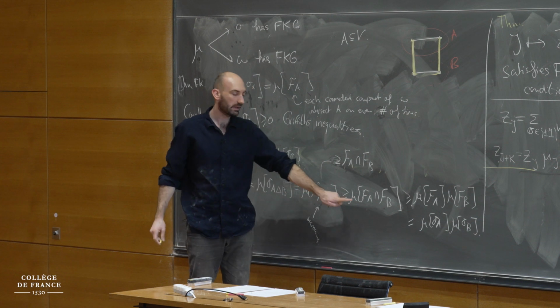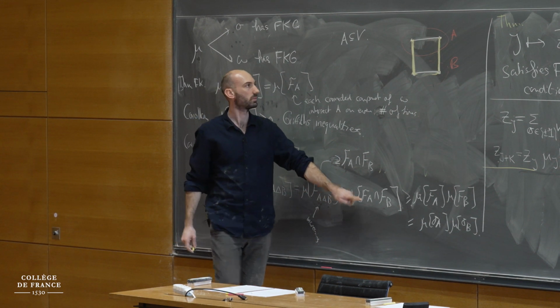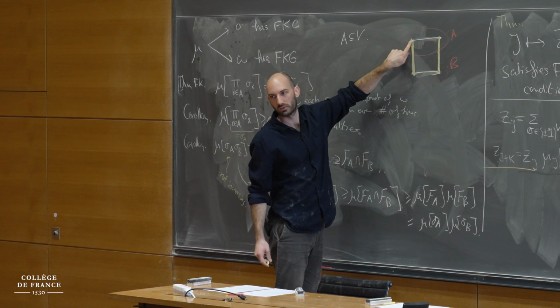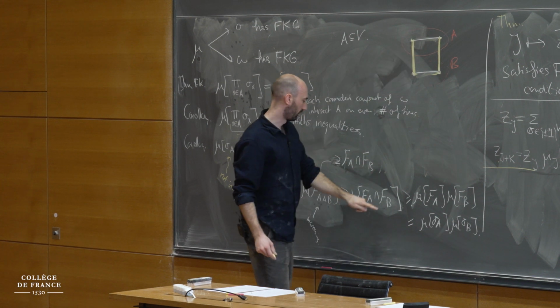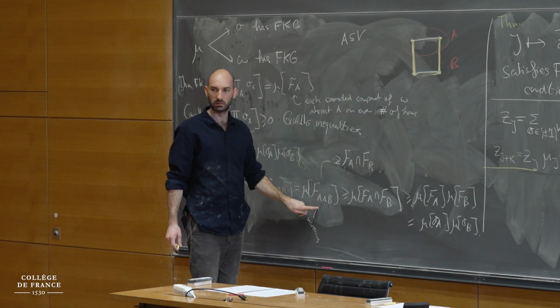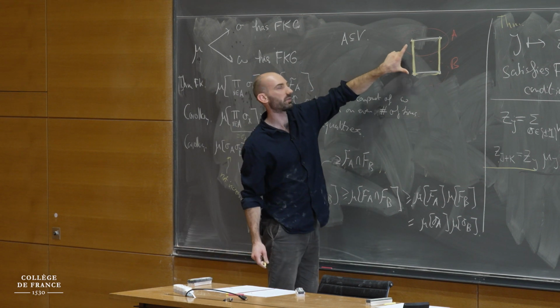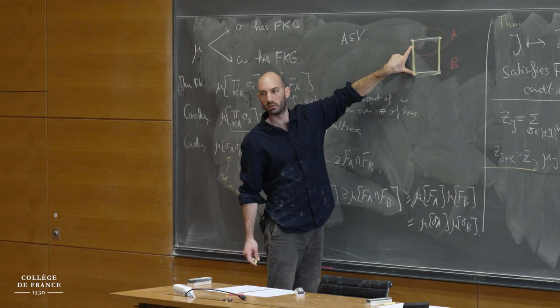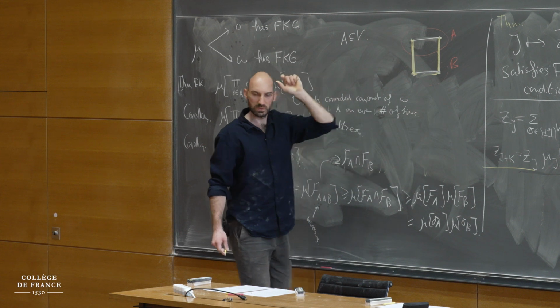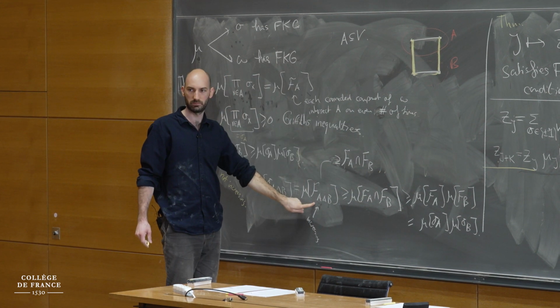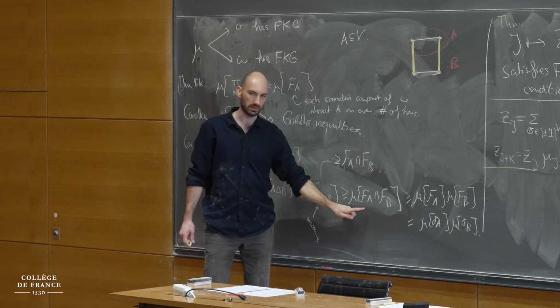So in this case, FA is not realized, because this connected component only contains one vertex in A. But for the union of A and B, it is now satisfied. And so in this particular case, we see that this event is realized, but this event is not realized.